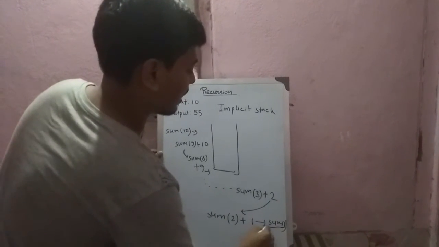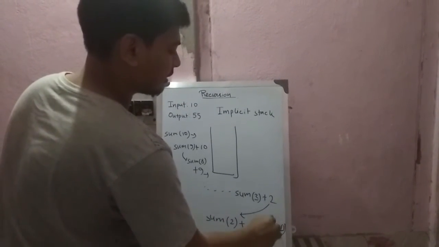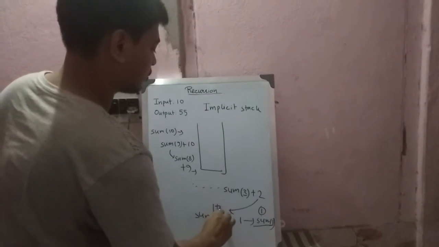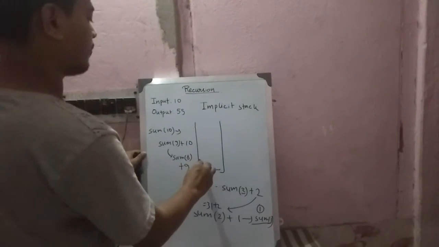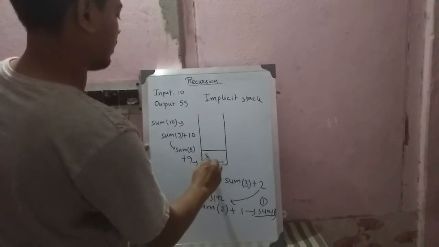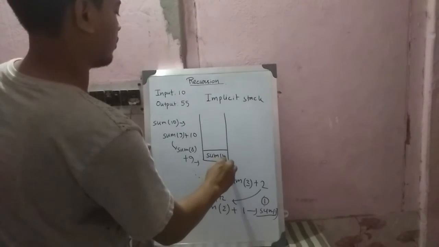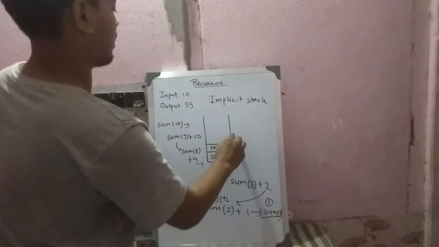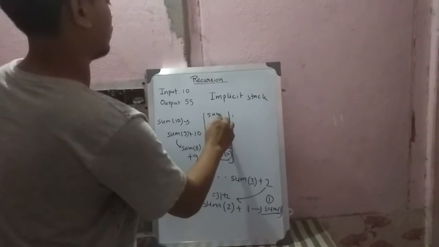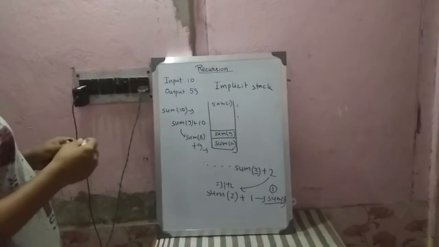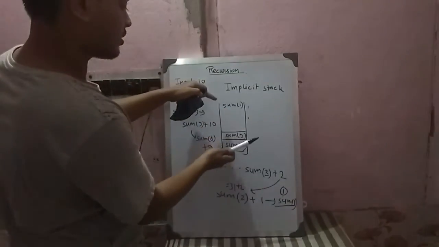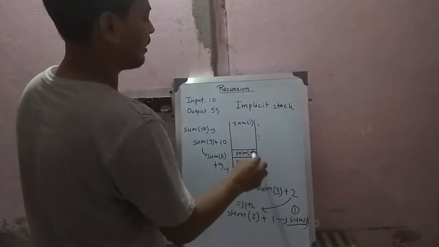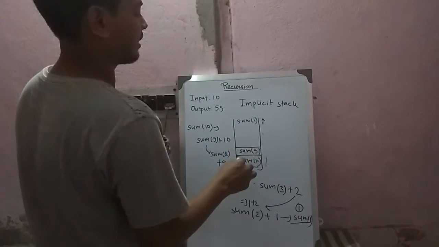So this is the base case, and it returns 1. Then this returns 1 plus 2, which is 3. At first it stores sum of 10, sum of 9, and so on down to sum of 1. So the recursion itself stores the functions and pops them as output whenever it reaches the base case.